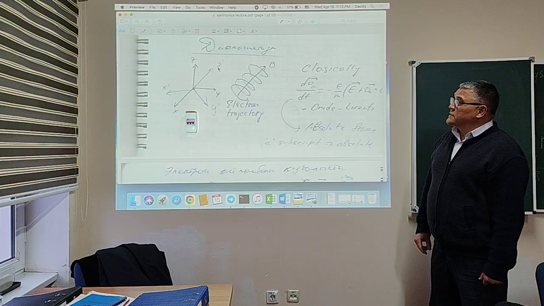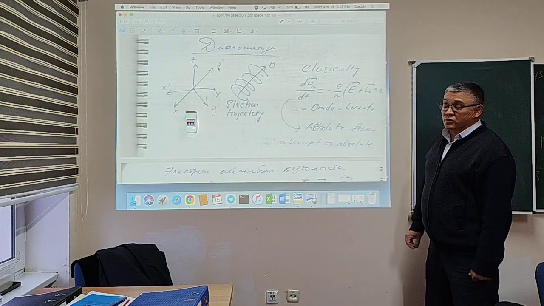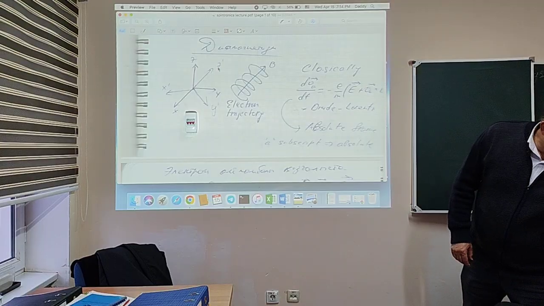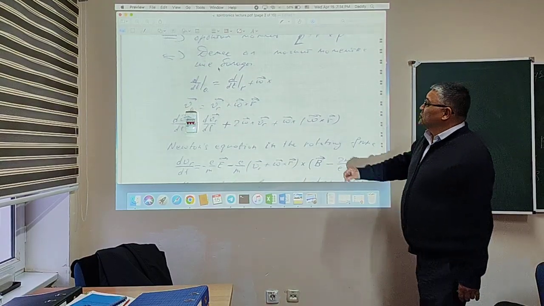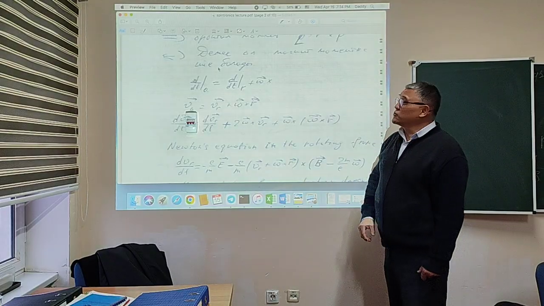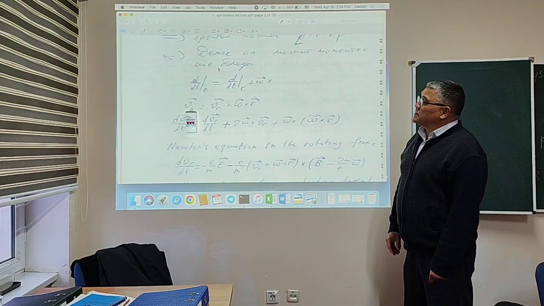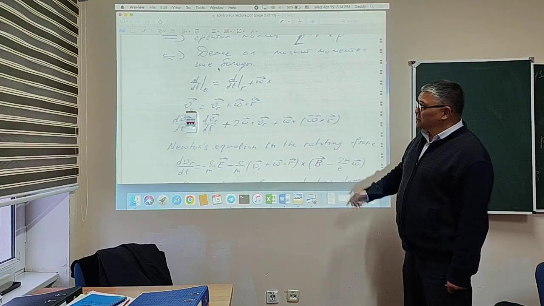If we write this equation down in the rotating frame, we can use this Euler formula here. The Euler formula is written like this, and it shows the transition of the derivative in the absolute frame to the rotating frame.